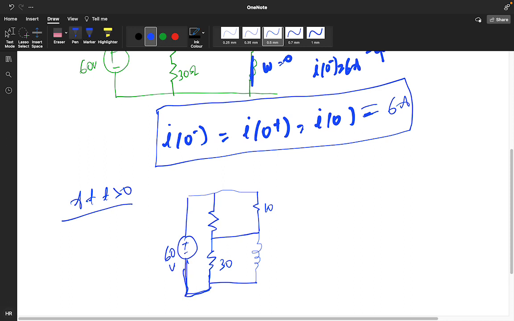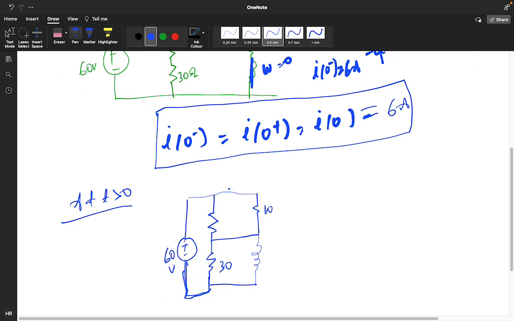The circuit is becoming like this. So this is 30, this particular is 30. Now you need to find the value of I of infinite.